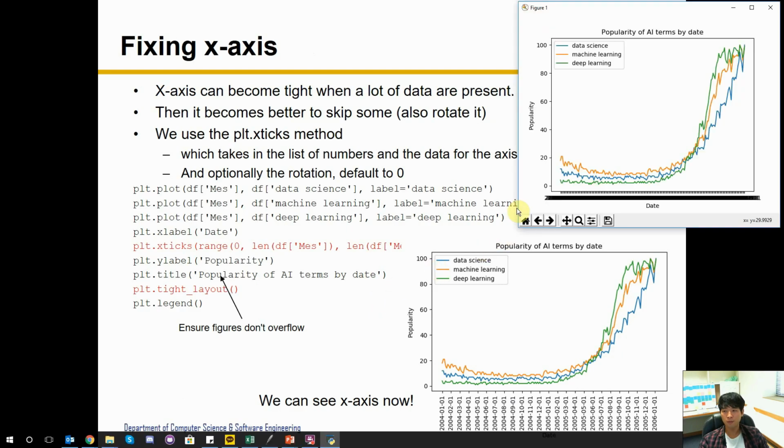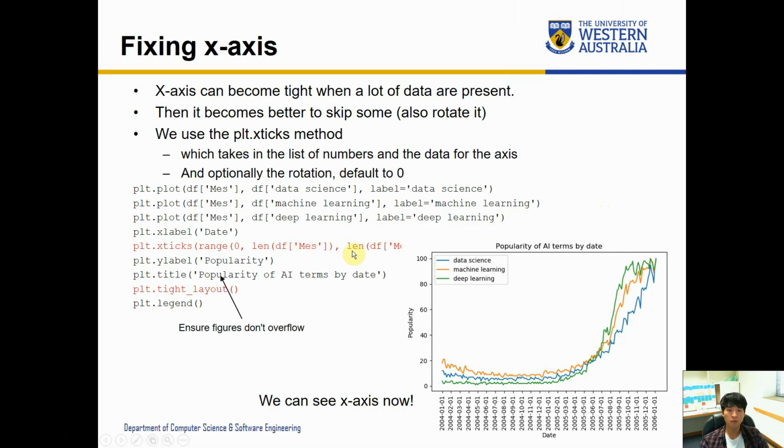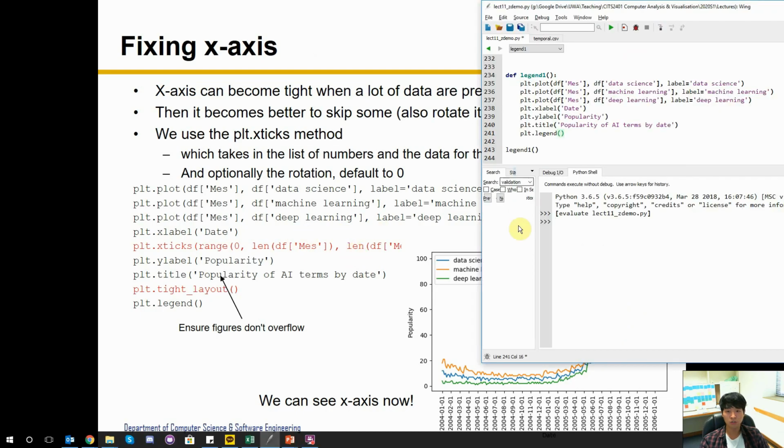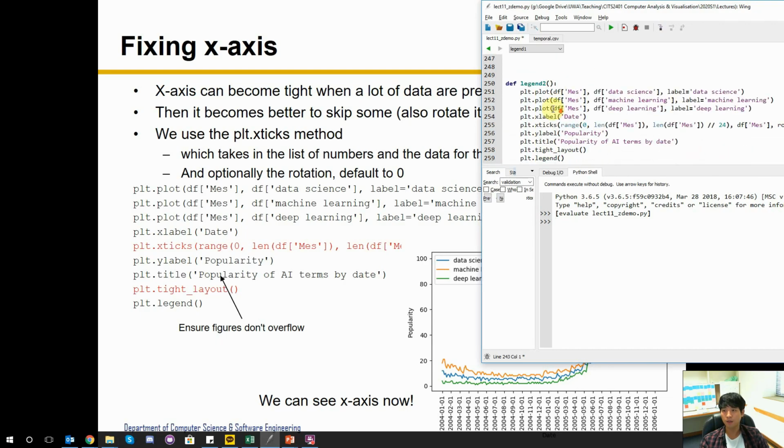So before, what we've seen here, well, still here, is that our x-axis is very cramped, right? It's not really showing us any useful information. So what we want to do is fix this x-axis. If it's cramped, then what we want to do is just select a few points to represent roughly how far we are. Okay, and we can modify this by using xticks.